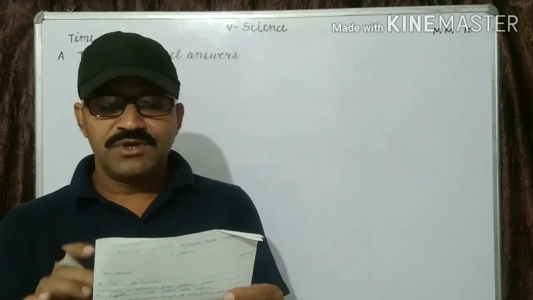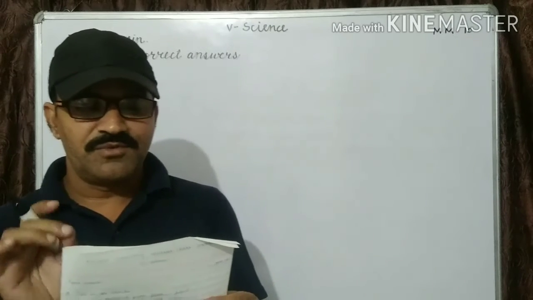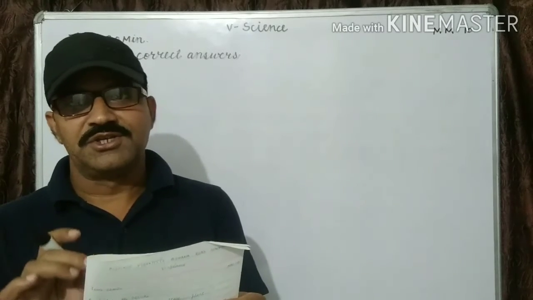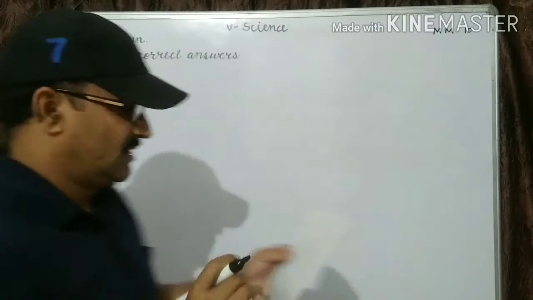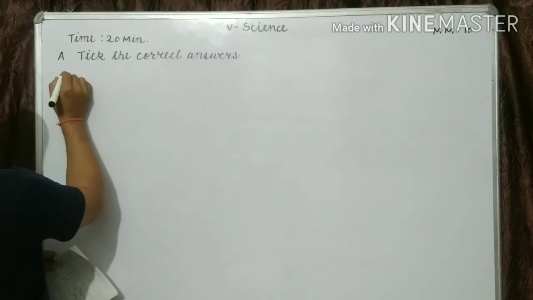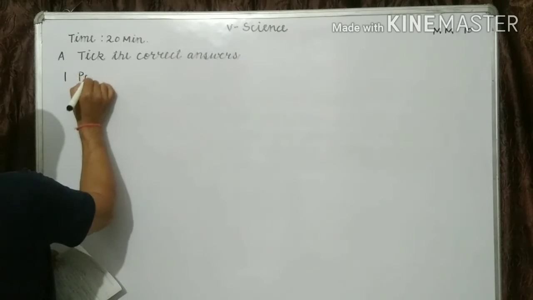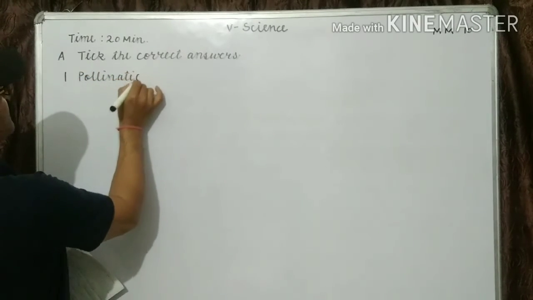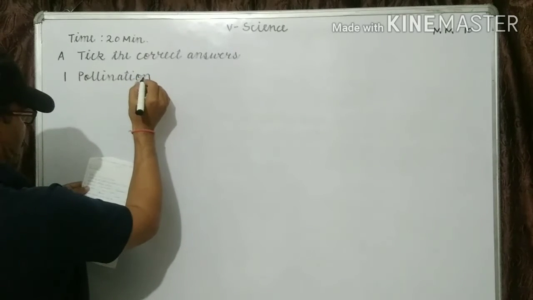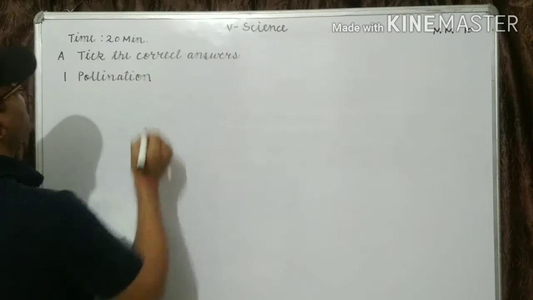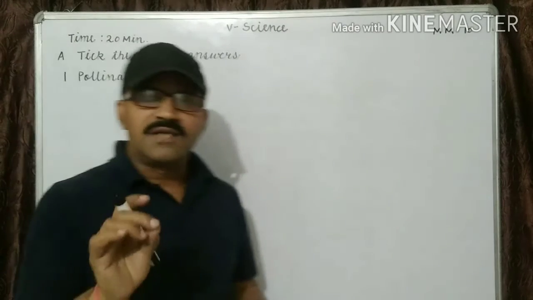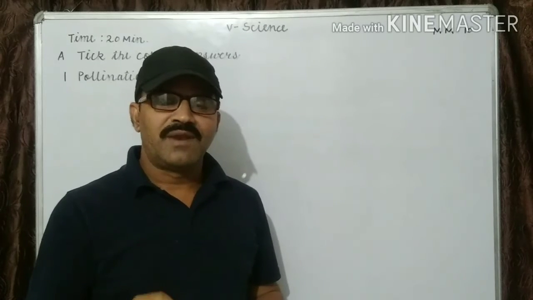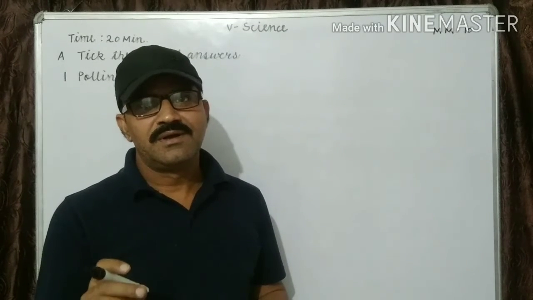Answer is C. Pollination occurs first. Pollination, I think you know very well. The transfer of pollen grains from the anther to the stigma of the flower is called pollination.